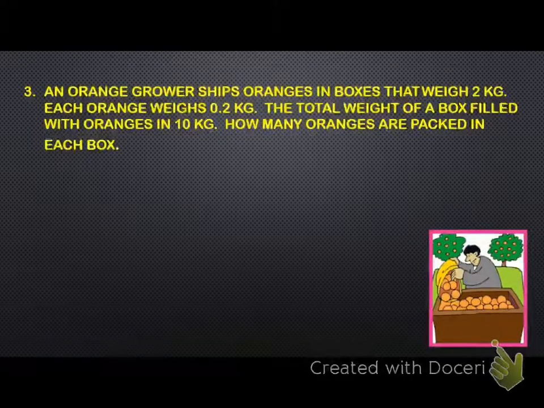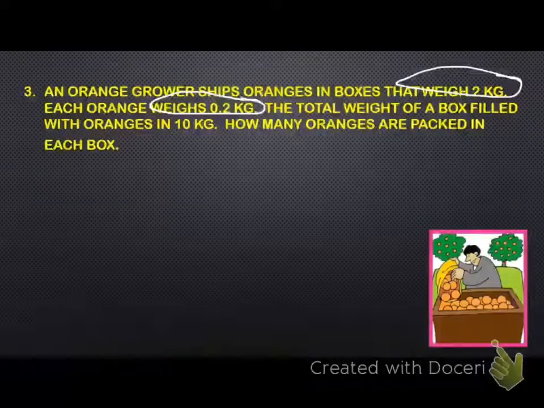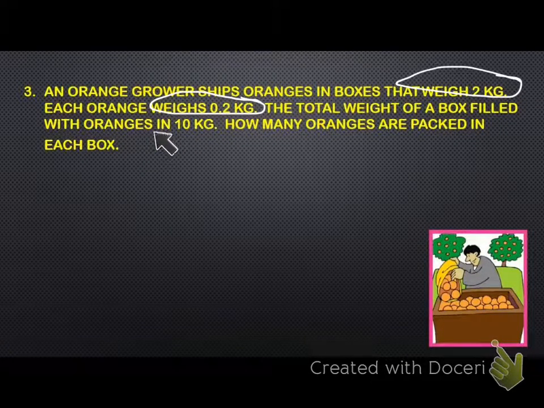Each orange weighs 0.2 kilograms. The total weight of a box filled with oranges is 10 kilograms. How many oranges are packaged in each box?